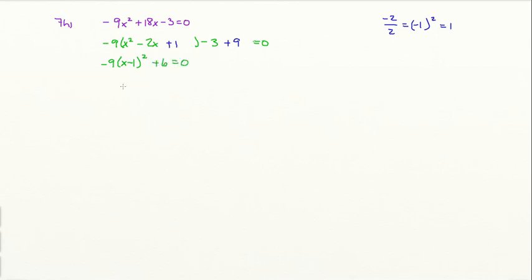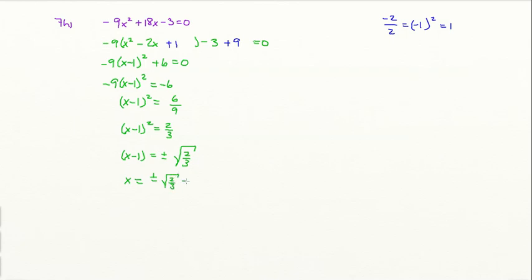Now we're going to solve for x. Take the square root. Rationalize the denominator by timesing it by root 3 over root 3.